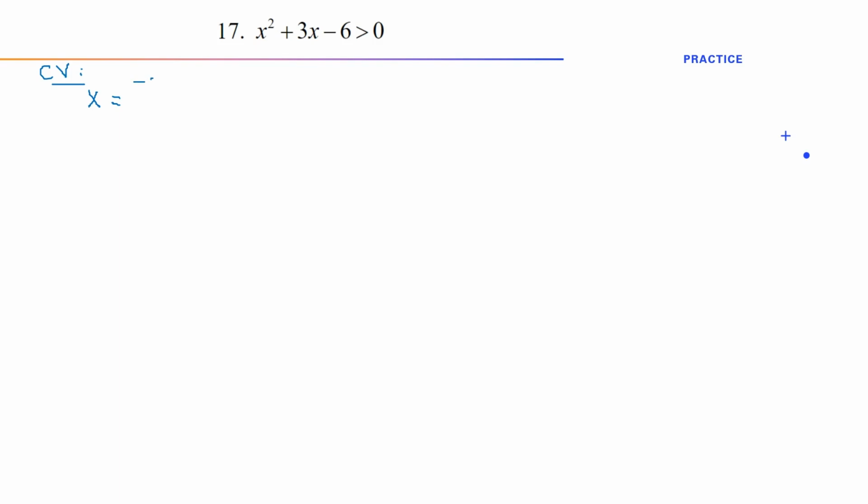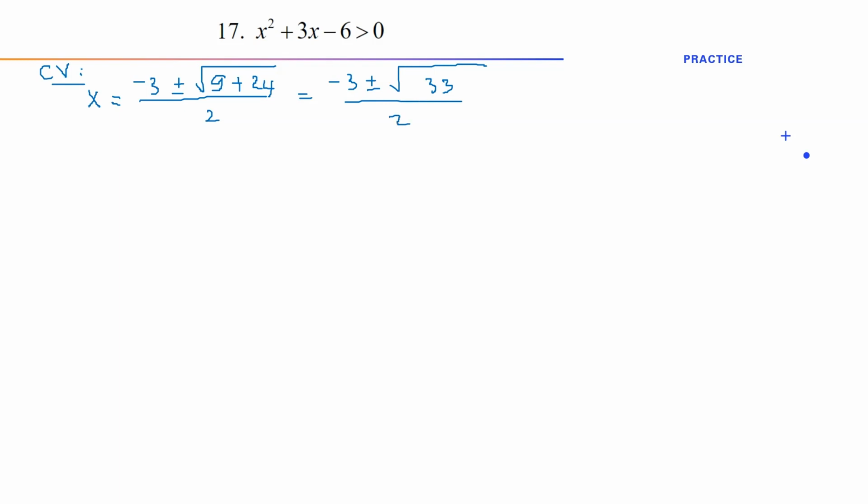So now we have negative 3 plus or minus square root of 9 minus 4 times 1 times negative 6, positive 24, over 2. Now simplify it: negative 3 plus or minus square root of 33 over 2.